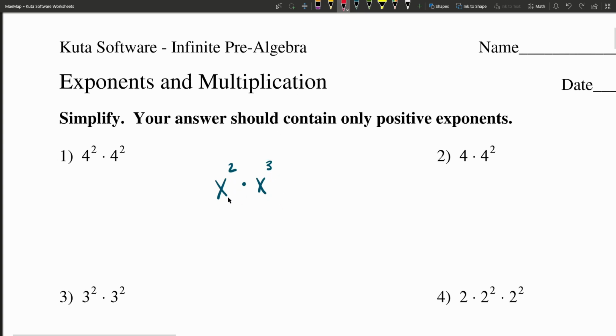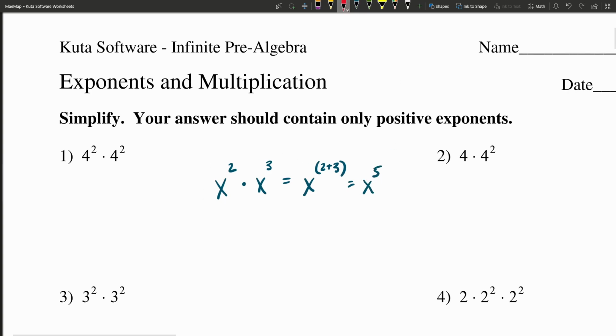Because I have the same base, I'm able to combine those two together, and I can combine and simplify by adding the exponents. So x squared times x cubed will be x to the 2 plus 3, which is x to the 5th.